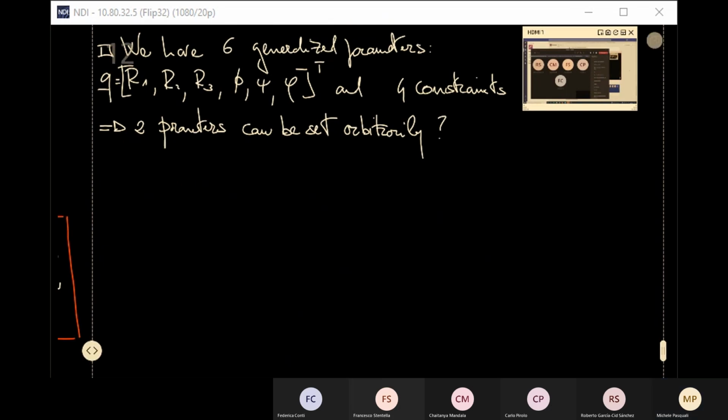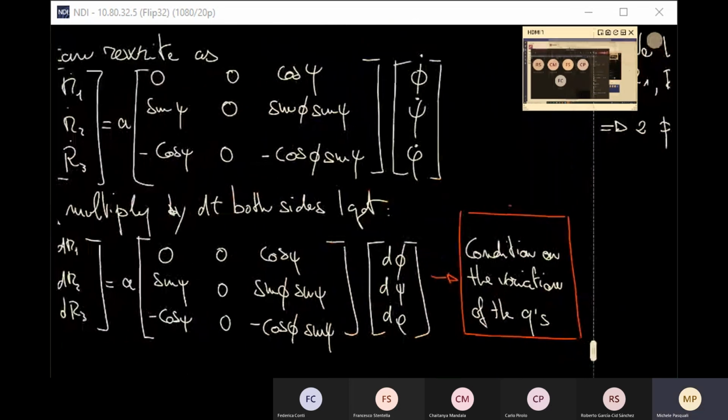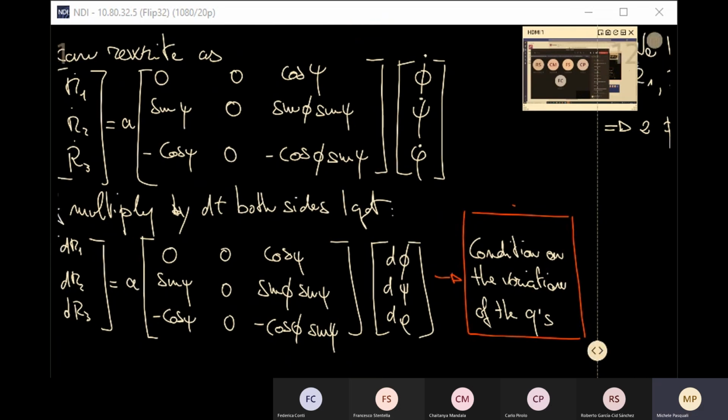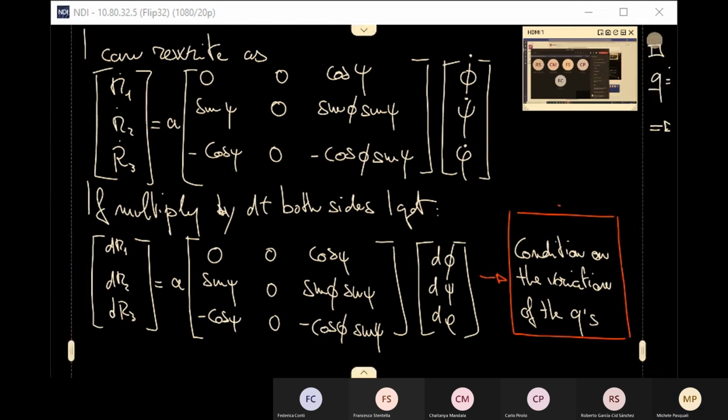Why? Because it is true that these three conditions only enforce a condition on the variations. But once you establish an initial condition, initial value of R1, R2, and R3, if you have the initial and then you impose a condition on the variation, it's actually equal to conditioning the actual values of the variables, correct?